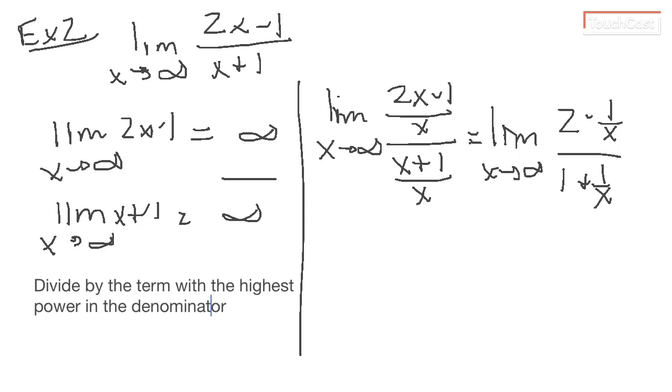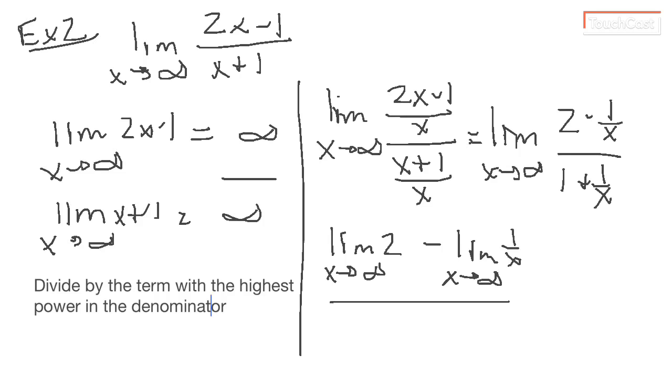Now we can start figuring this out. We can call this the limit of 2 minus the limit of 1 over x, and in both cases x is going to infinity, over the limit of 1 as x goes to infinity, plus the limit of 1 over x as x goes to infinity.